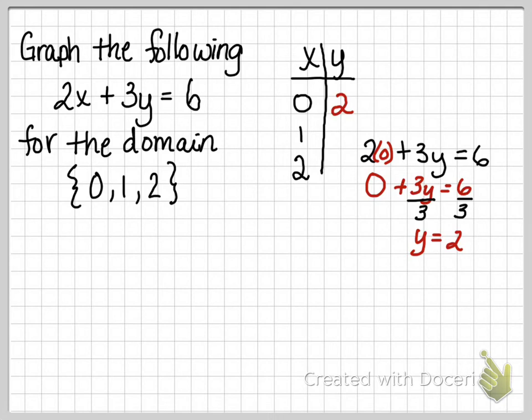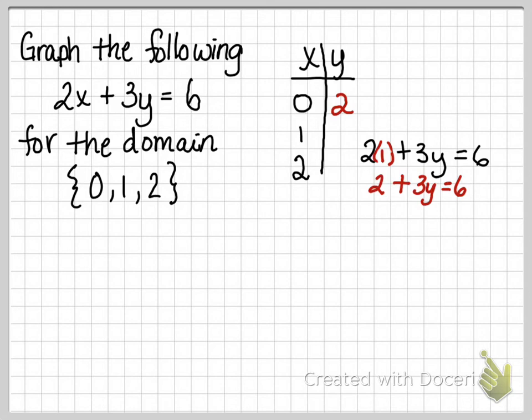Okay, let's do the same thing again, but this time let's plug in 1. I'm going to erase all this. You plug in 1 while I'm erasing. Instead of 0, I'm going to put a 1. 2 times 1 is 2, plus 3y equals 6.